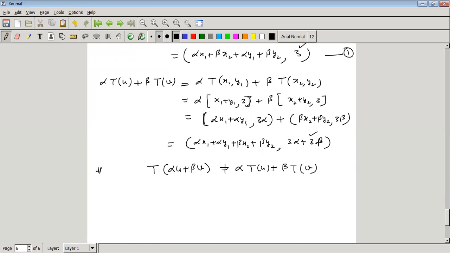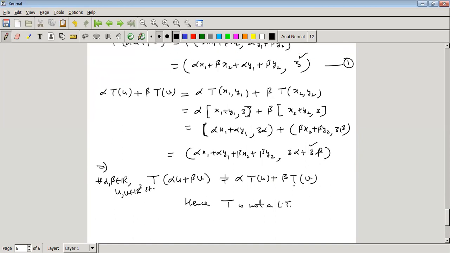For any alpha, beta in the field R and u, v in R2, such that this, hence T is not a linear transformation.